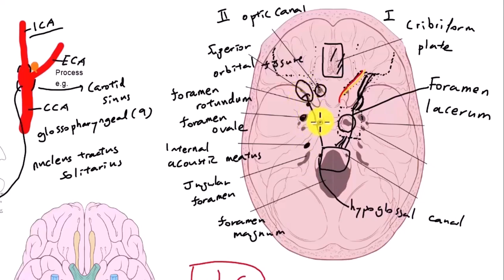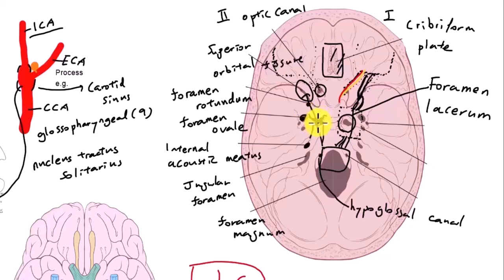Foramen lacerum houses the internal carotid artery, and this foramen lacerum itself is very unique in that it is created by the combination of 3 different bones: the sphenoid on top, and basilar part of the occipital bone, and the petrous part of the temporal bone. Petrous meaning the rock.